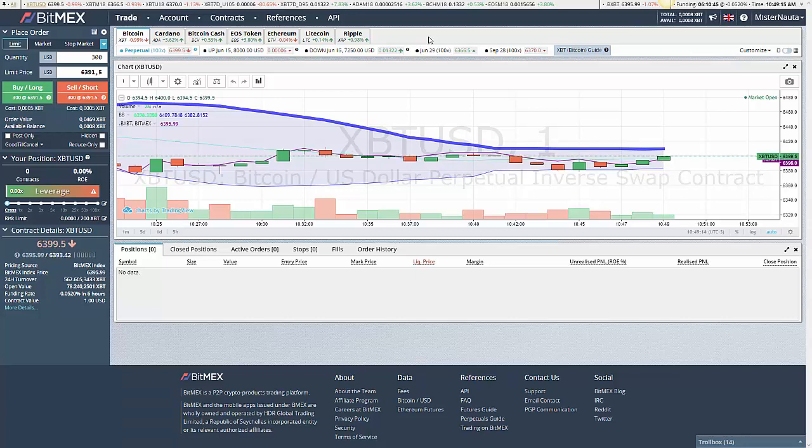The other difference about margin trading is that you can leverage your position. It means that you can actually bet higher than the money you actually have. So, for example, right now I have just 80,000 Satoshis on my Bitmex account because I emptied this account a few days ago.